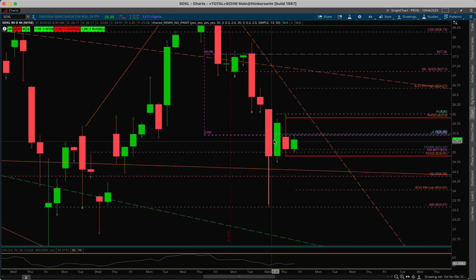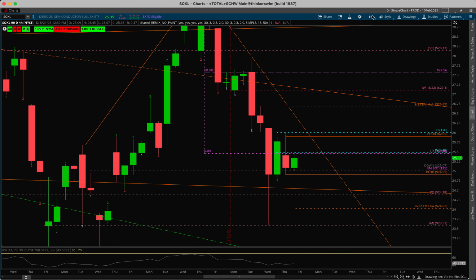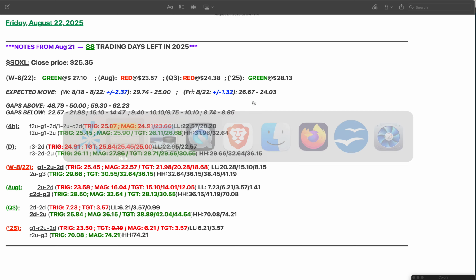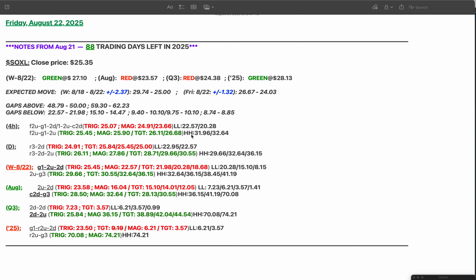All right, so on the 4 hour, the higher high is up here at 27.86, so we'll make sure we've got that there. Again, those higher highs can sometimes be a magnet. So if we do get above that 26.68, that 27.86 could be a target for us.